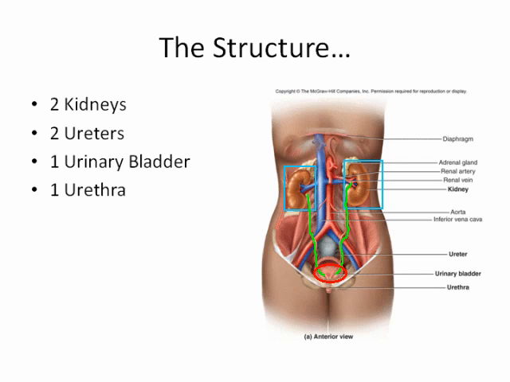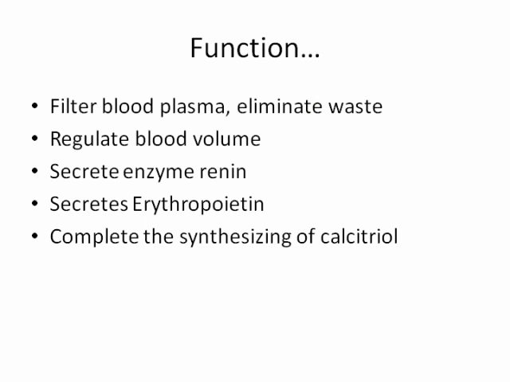And then to remove the waste products, we have the urethra. And so we have the two kidneys, we have the two ureters, we have the one urinary bladder, and we have the urethra.